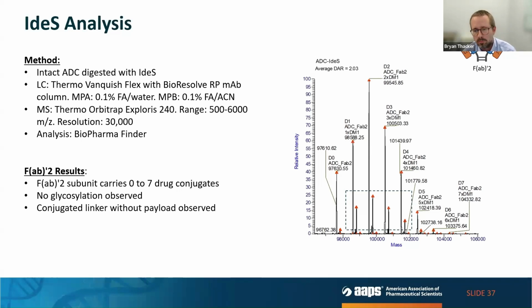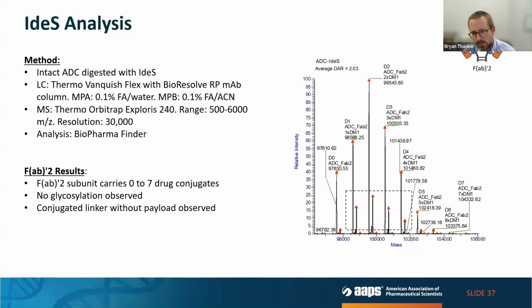What I've boxed below with the dashed line rectangle are some lower abundance masses detected in the sample. These masses correspond to ADC that has linker attached but is missing the payload.